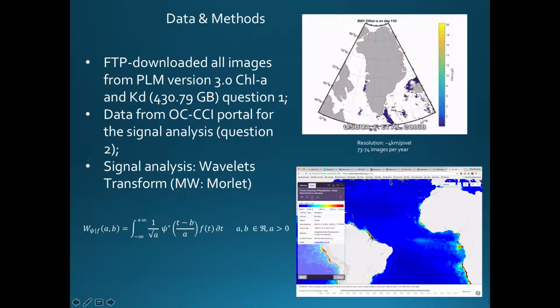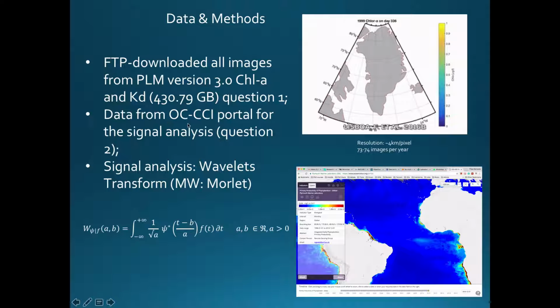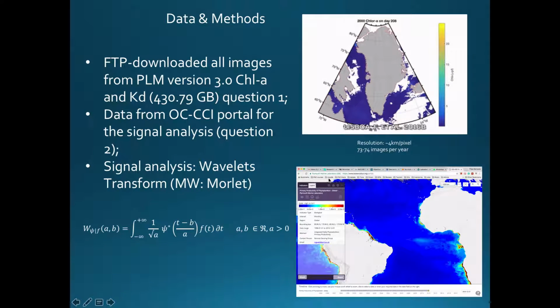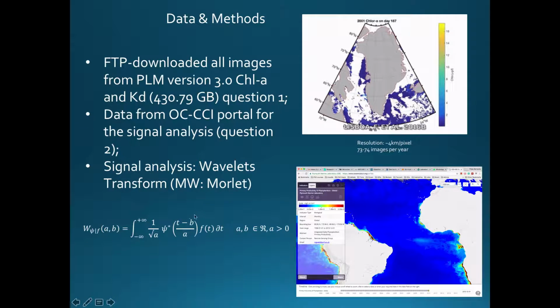We have also used the OC-CCI portal. For the first question, we really need the map, so we really need the whole of the data. And for the other part of the question, since it's more localized, with this portal that is maintained by the Plymouth Marine Laboratory, we can look at a specific region and directly download data from there.